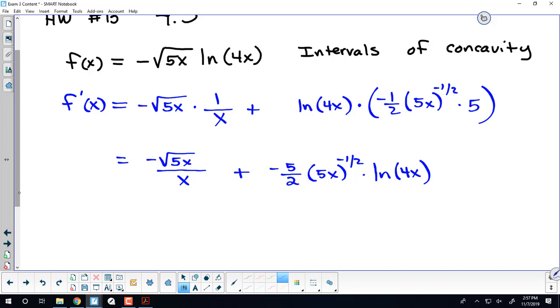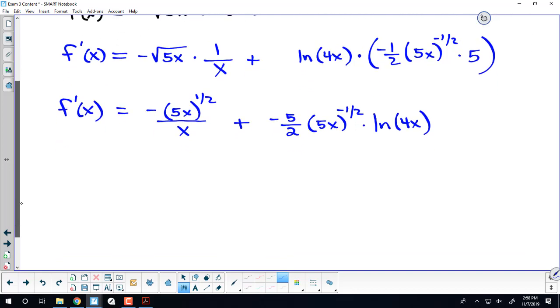Maybe we want to write it as 1 over the square root of 5x, or leave this as the quantity 5x to the half. I don't know that it matters too much at this point.